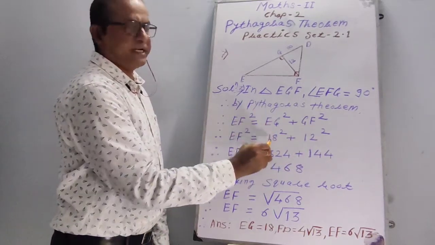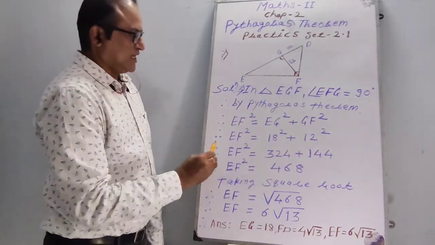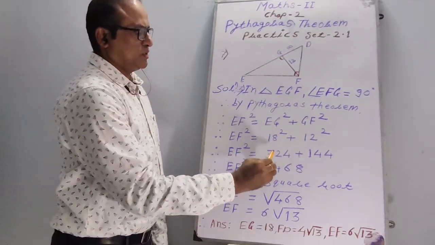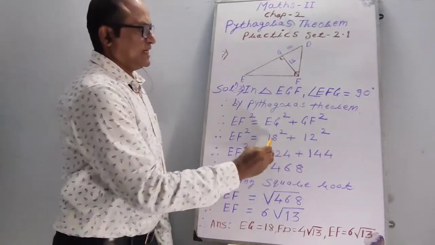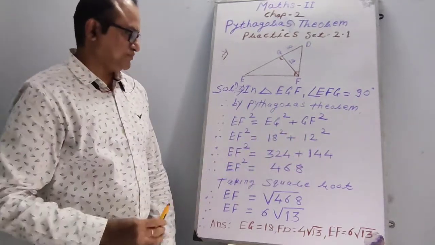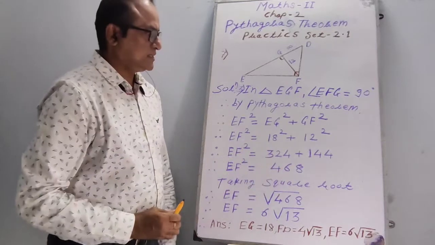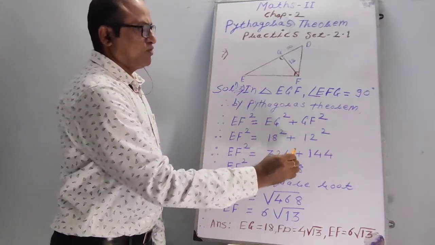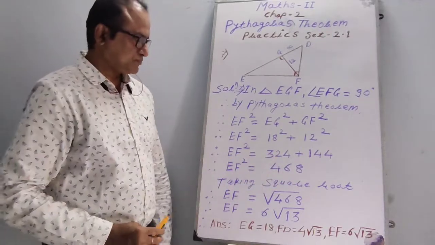EG value is 18 and GF value is 12. Therefore, EF square is equal to 324 plus 144. 18 square is 324 and 12 square is 144. Therefore, EF square is equal to 468. 324 plus 144 is equal to 468.